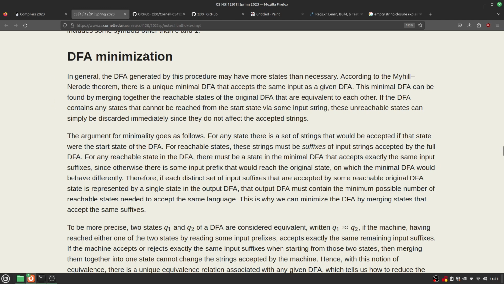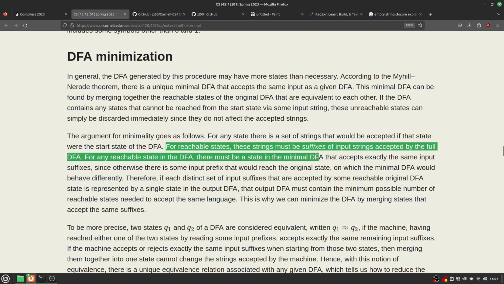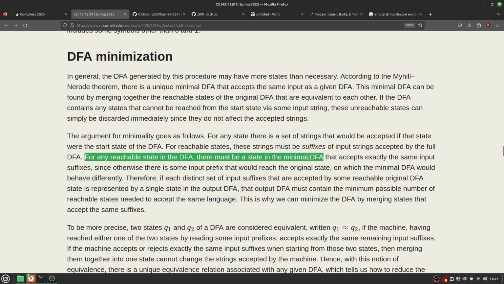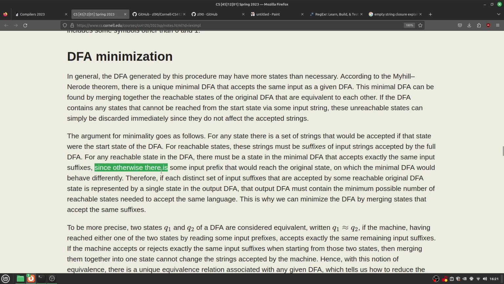The argument for minimality goes as follows. For any state, there is a set of strings that would be accepted if that state were the start state of the DFA. For reachable states, these strings must be suffixes of input strings accepted by the full DFA. For any reachable state in the DFA, there must be a state in the minimal DFA that accepts exactly the same input suffixes, since otherwise there is some input prefix that would reach the original state, on which the minimal DFA would behave differently.